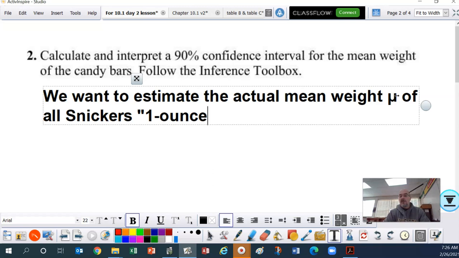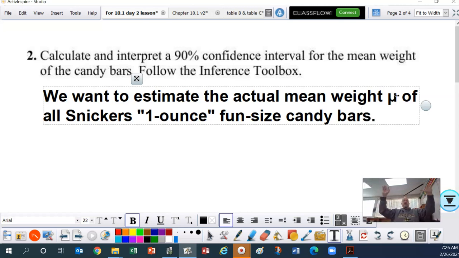Again, be specific of what we're looking at. Why they're fun size, I have no idea. Boom, step 1 is done.